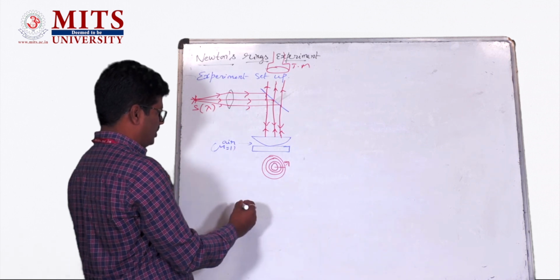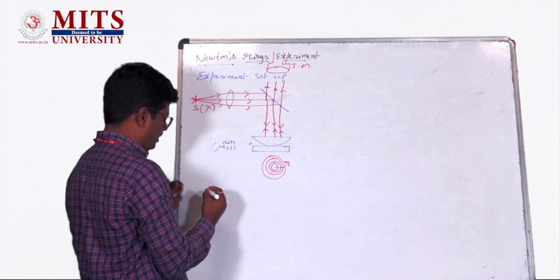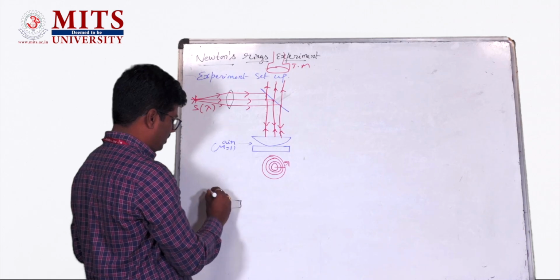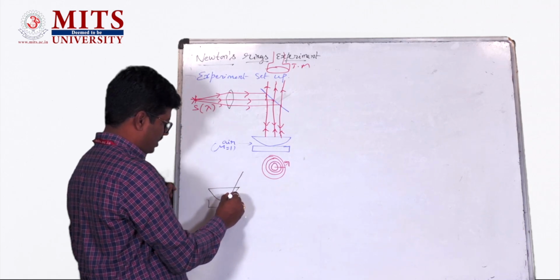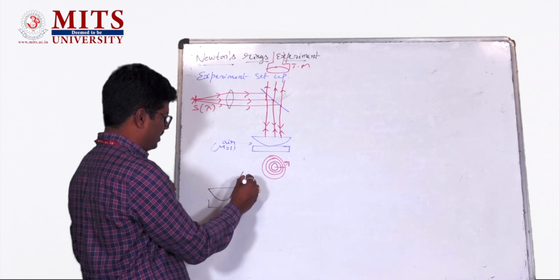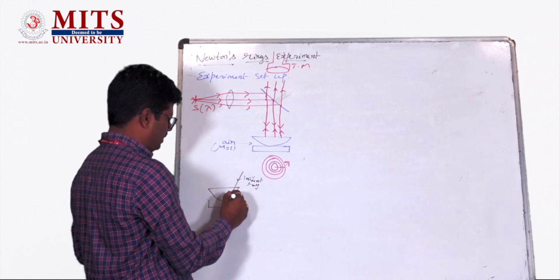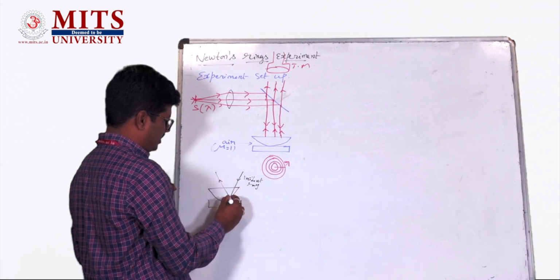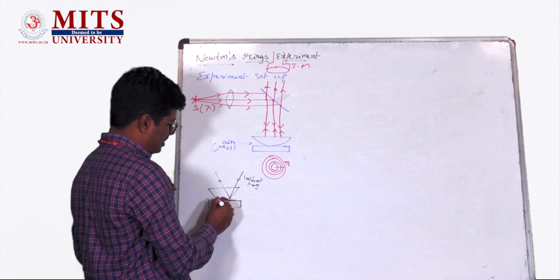What is happening basically, if you take this plain glass plate and plano convex lens, the light is falling, say, here, and this is the incident ray. It reflects from the top and also from the bottom of the plano convex lens and refracts, and then reflects from the top of the glass plate.